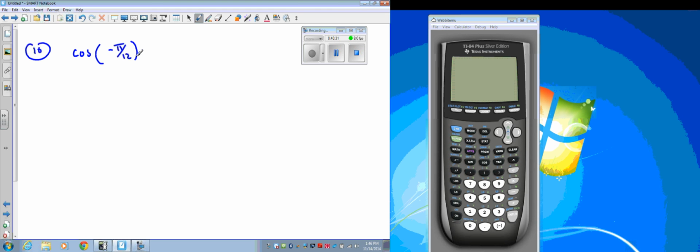But the angles, the radian measurements that we know are 0, pi over 6, pi over 4, pi over 3, pi over 2, and combinations of those. But we want a minus pi over 12. So what two do we use to get minus pi over 12?